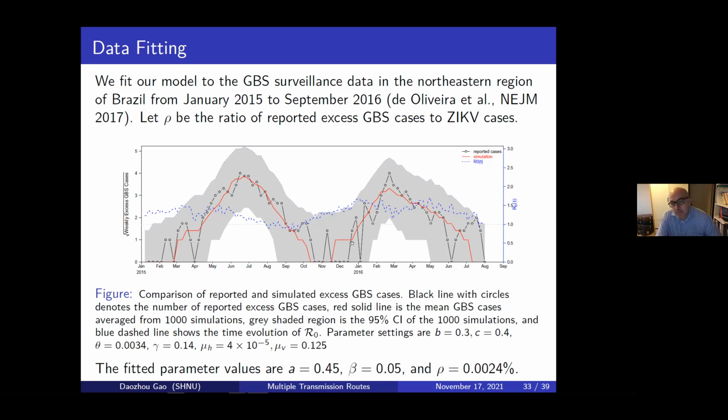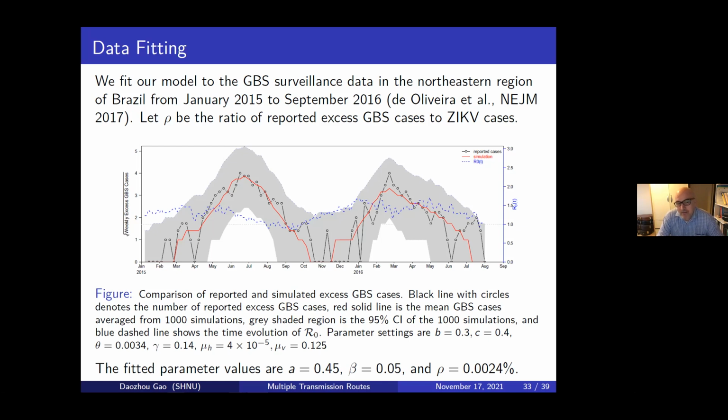GBS means Guillain-Barré syndrome. That's another disease, but it is correlated to Zika, since Zika infection can cause GBS. Okay, I see.